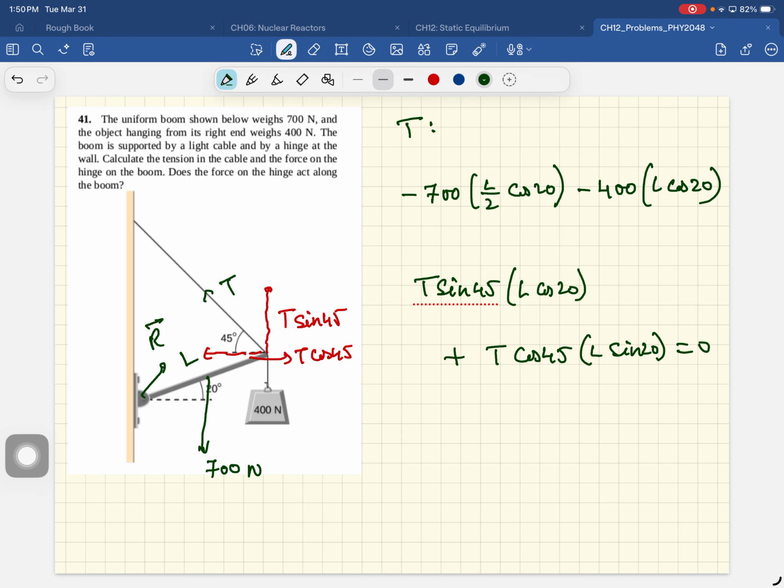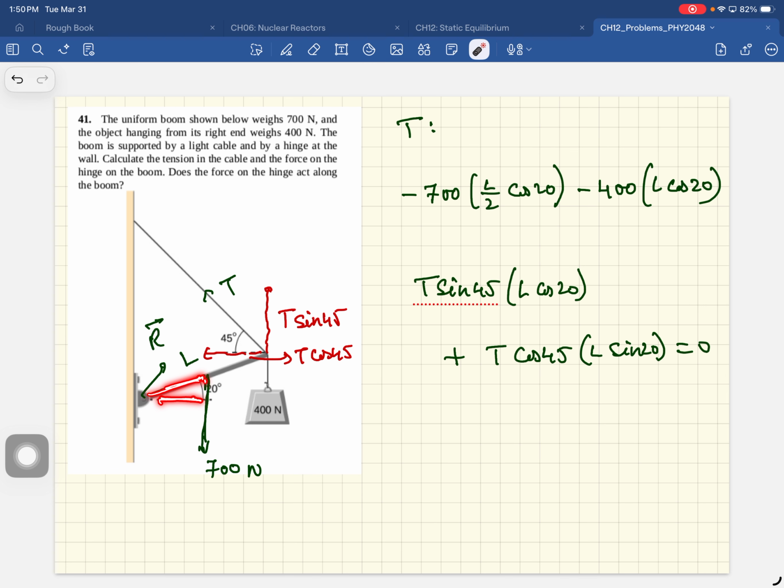So this should be balanced by that. So Rx is equal to T cosine 45. So for the x component of the force, Rx minus T cosine 45 equals 0. Again, you see that this force is balanced by that force.